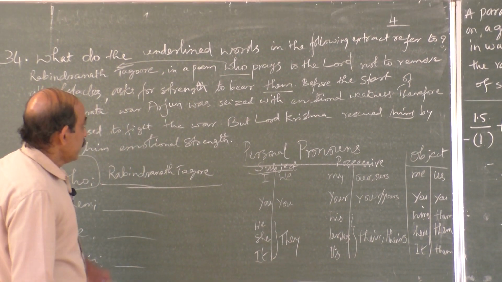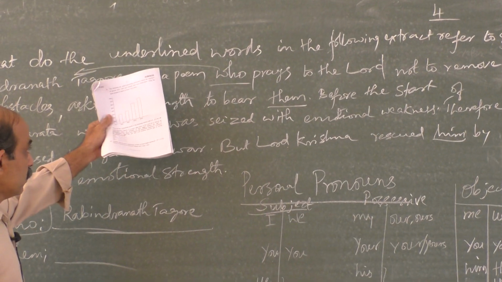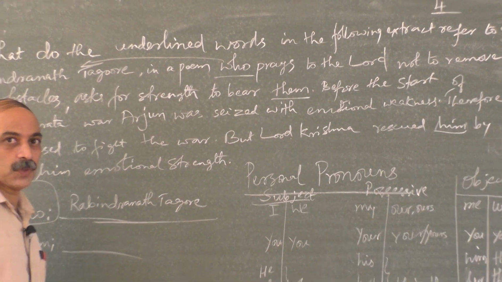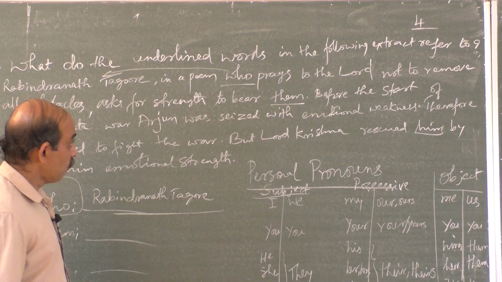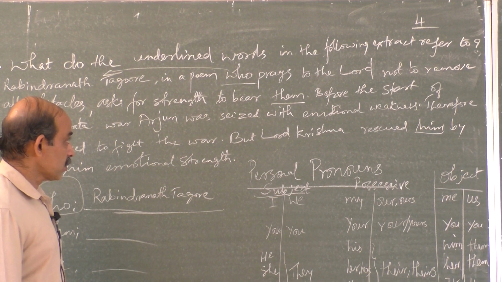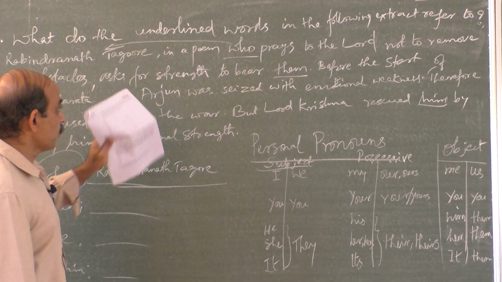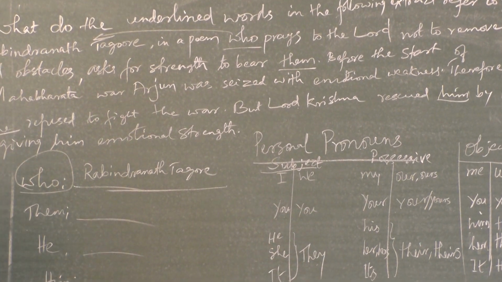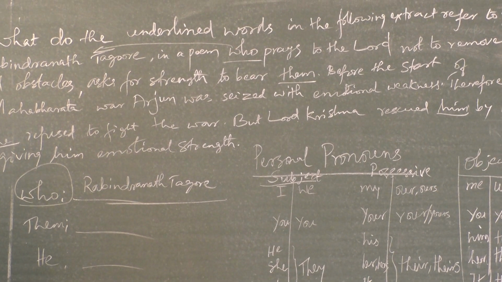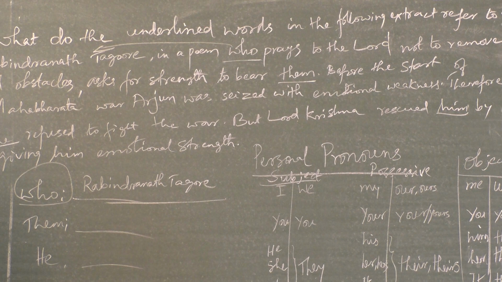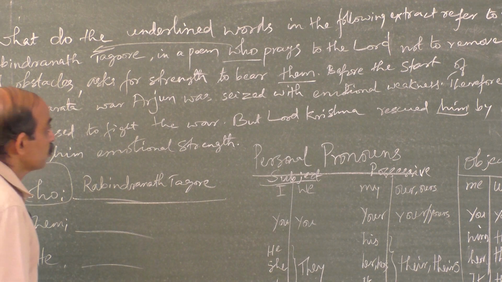Who is a relative pronoun, and who also functions as a WH pronoun, and in a subordinate clause as a conjunction also. Here it is a pronoun. So Rabindranath Tagore, and then do not remove all obstacles, ask for strength to bear them.